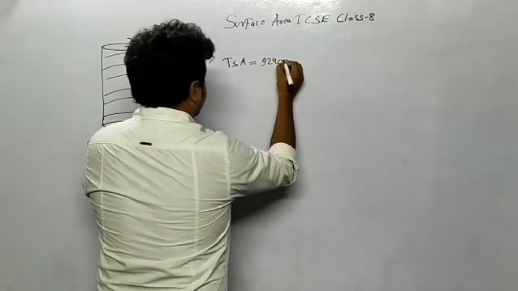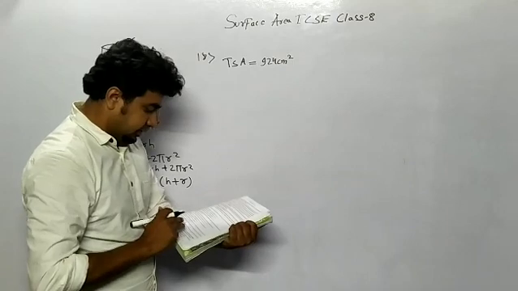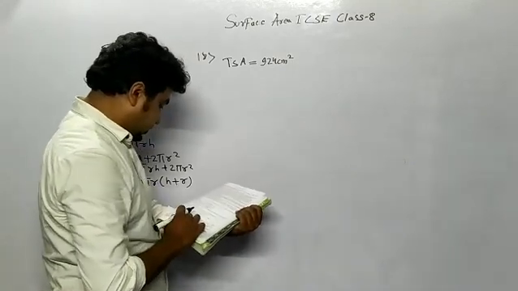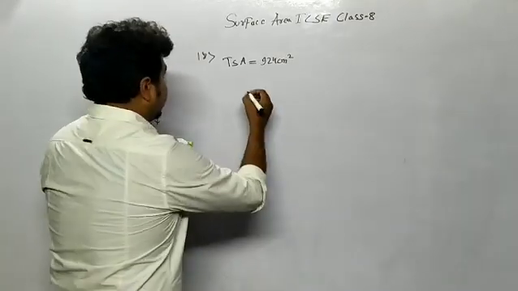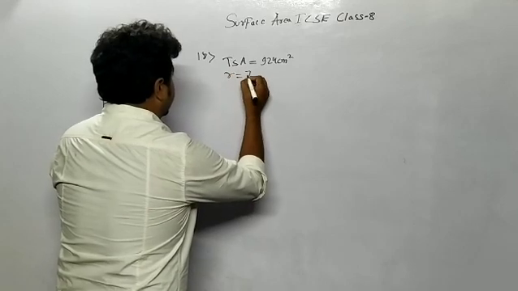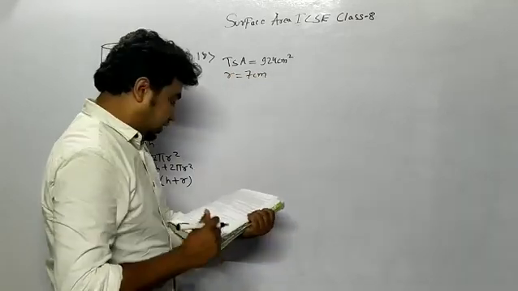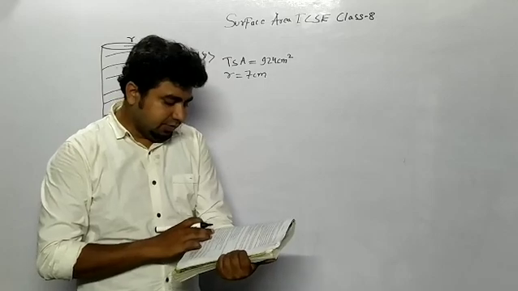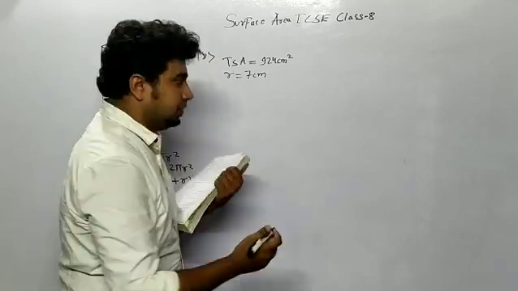Radius is given 7 centimeter. What we have to find is its height and volume.